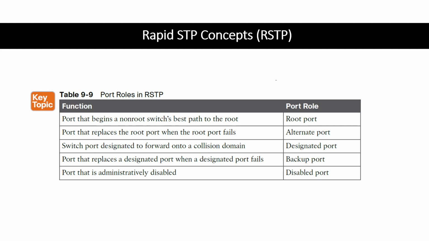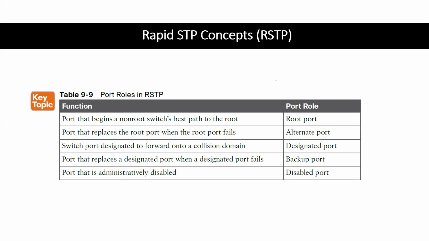So let's talk about how a port becomes an alternate port. To be an alternate port, both the root port and the alternate port must receive hellos, and they have to identify that same root switch. That's the core foundation of how that works.